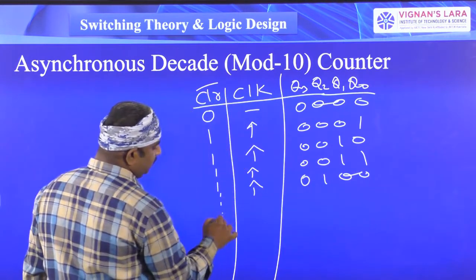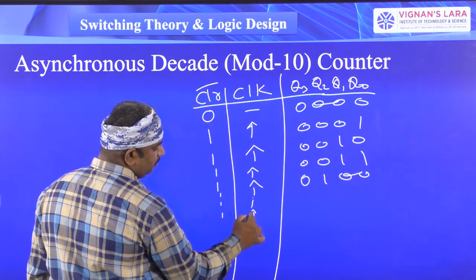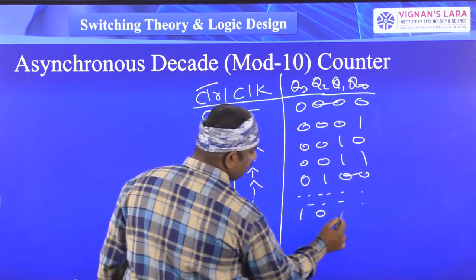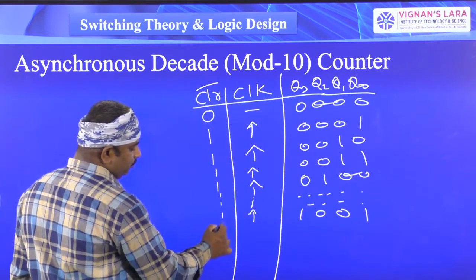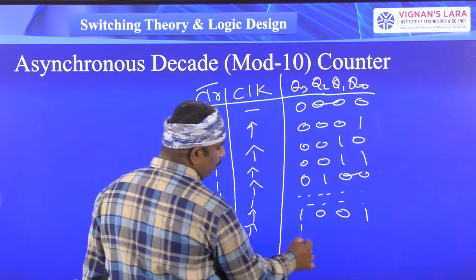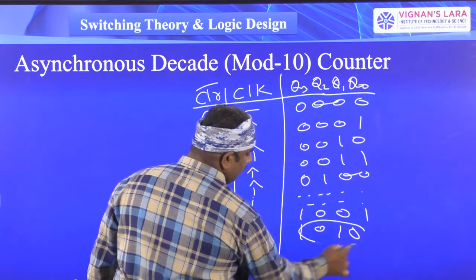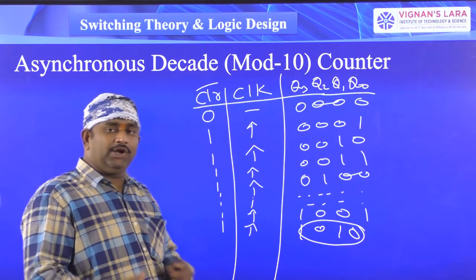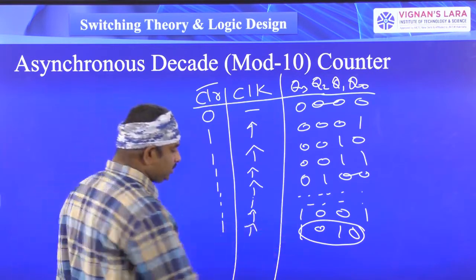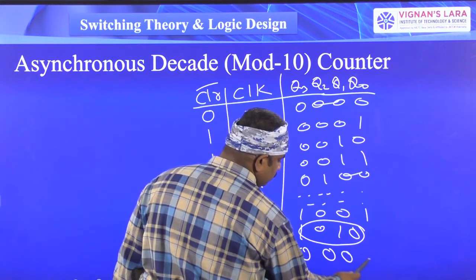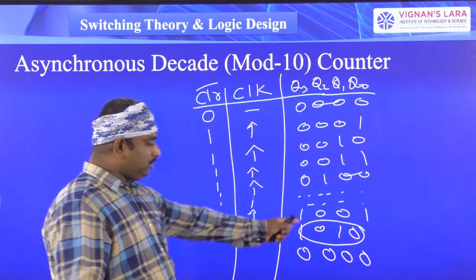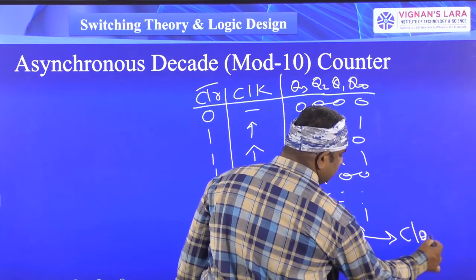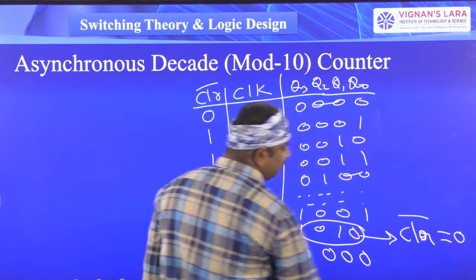Here I am mentioning all the counts, up to 1001. Whenever it reaches 1010, automatically the next count goes to 0000. For that, whenever this value occurs, I make the clear signal active, that is equal to 0.